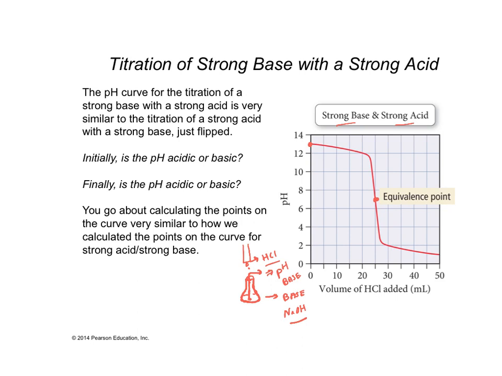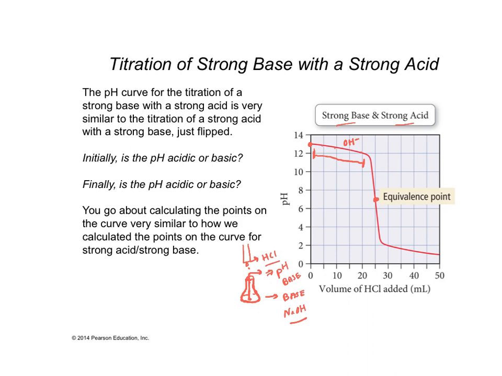But in going between the initial pH and the equivalence point for this strong base, strong acid titration, the initial parts here have OH minus in excess, right? So you would have to calculate how much OH minus is in excess at each given volume along this part of the curve. You'd calculate the pOH from that, and then you would get the pH from that.